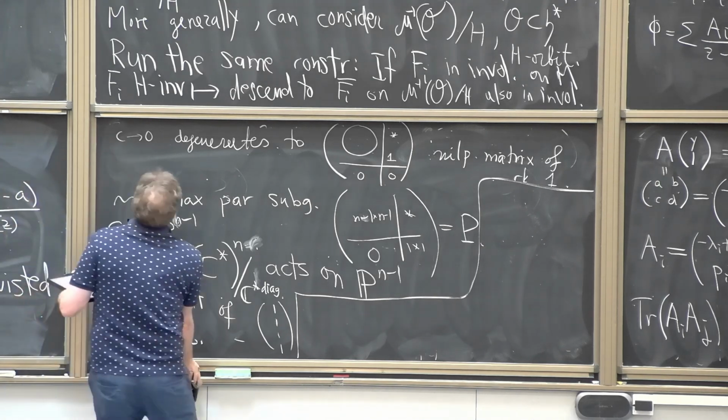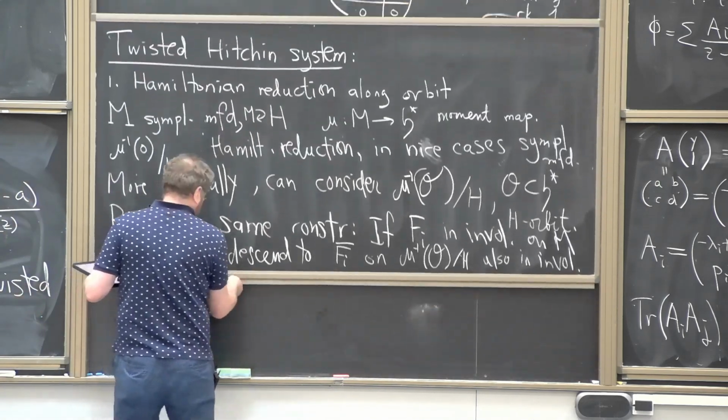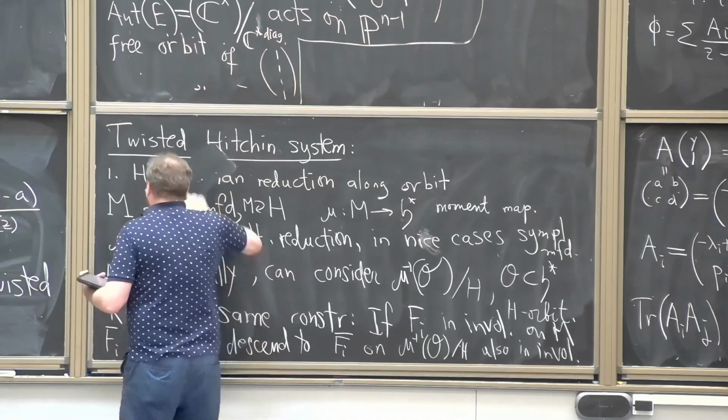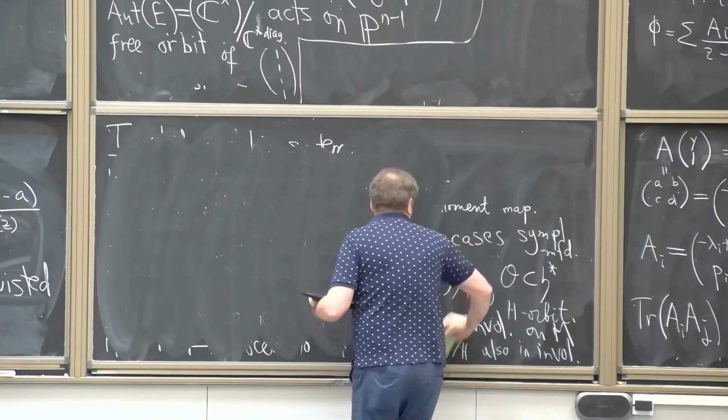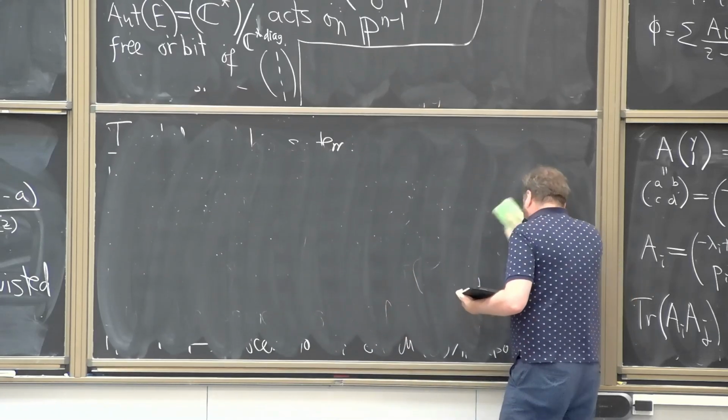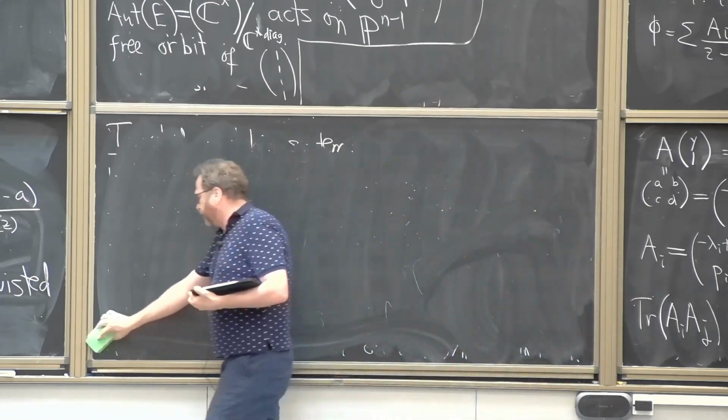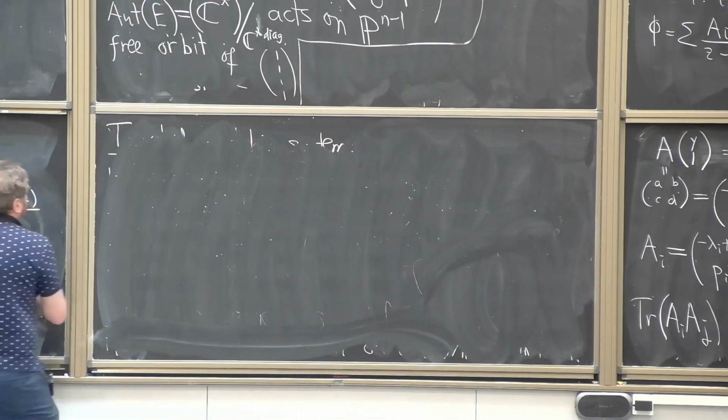Okay, and so now what is my Higgs field going to look like? Well, it should have a pole. So first of all, phi is my Higgs field.